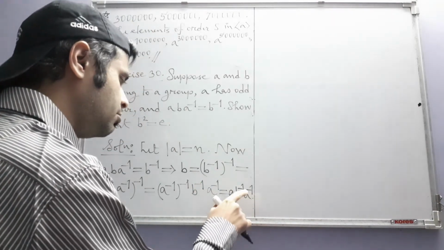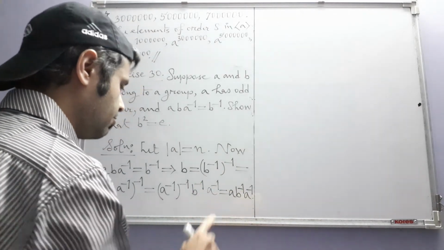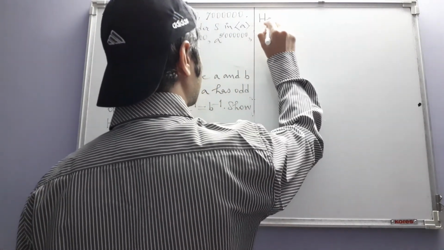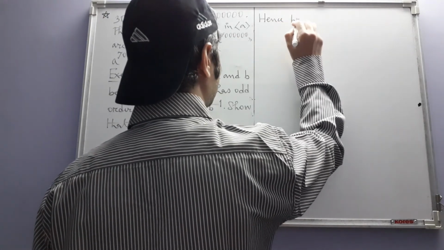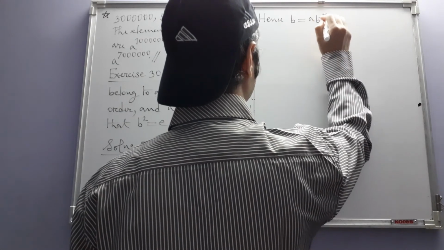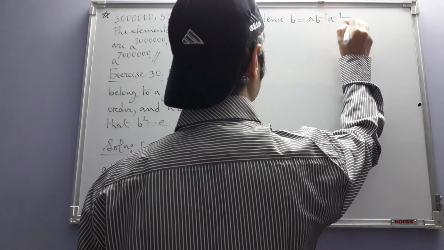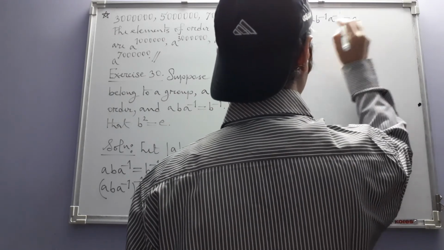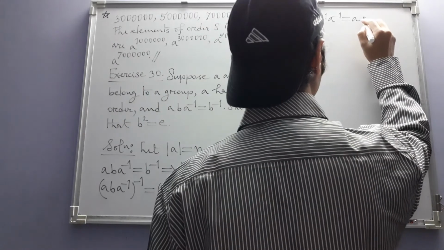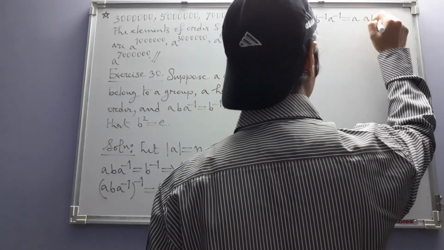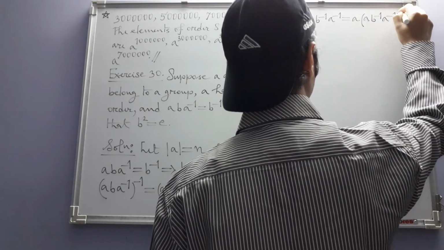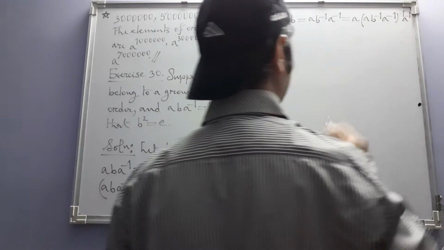Now we have an equation which expresses b in terms of b inverse. That can again be used in this equation itself. Hence, b is equal to a b inverse a inverse. Now in place of b here we can again use this expression, a b inverse a inverse, inverse a inverse.